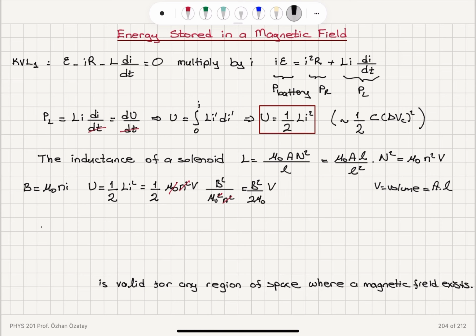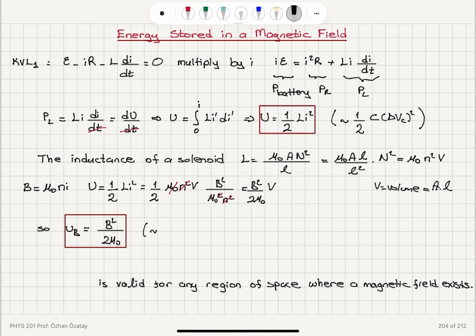So basically I can define an energy density, lowercase u sub B, as B squared divided by 2 mu 0. So when the solenoid has a magnetic field B, it's going to be storing a potential energy per volume B squared divided by 2 mu 0.